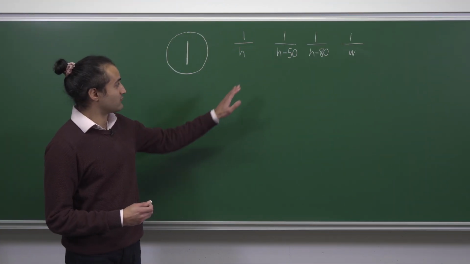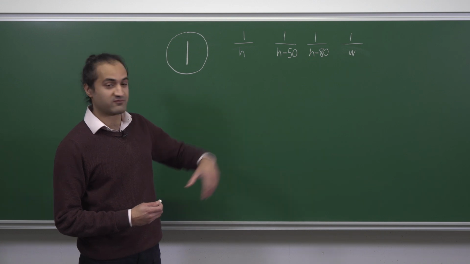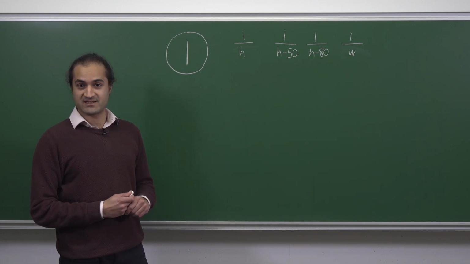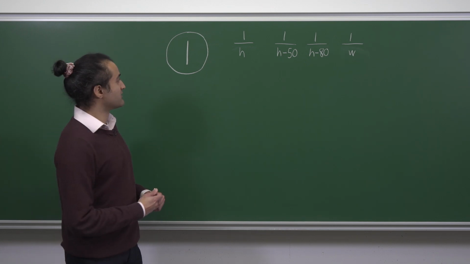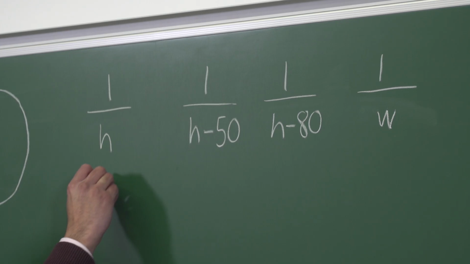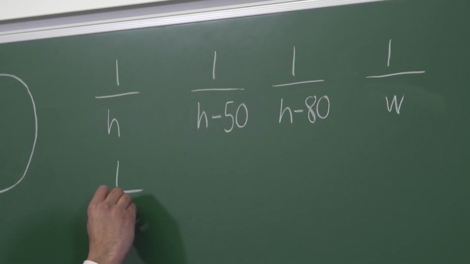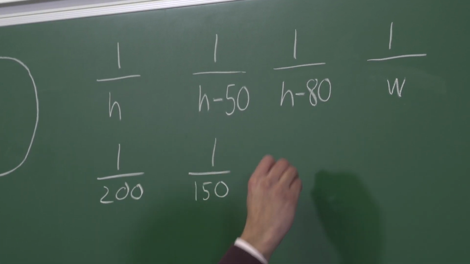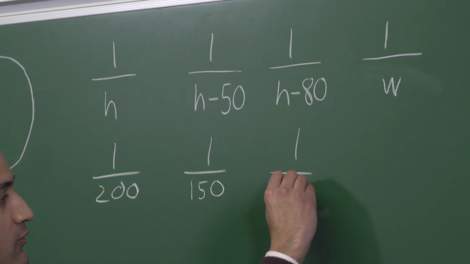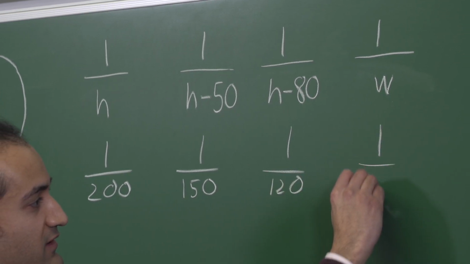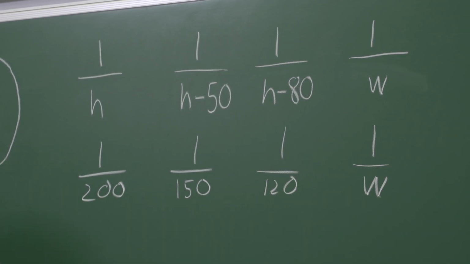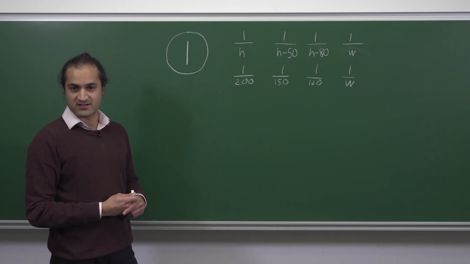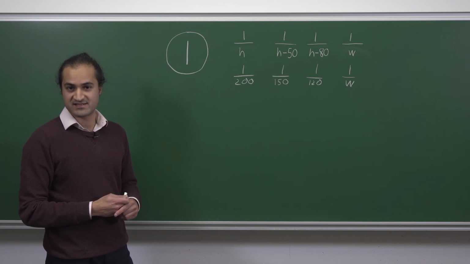So remember that we had that these four fractions formed an arithmetic progression. But we now know what h is. h is 200. So if I fill in the value of h, these fractions are 1 in 200, 1 in 150, 1 in 120, and 1 over the unknown final water level, w. Because these fractions form an arithmetic progression, I'm going to make all of their denominators the same.